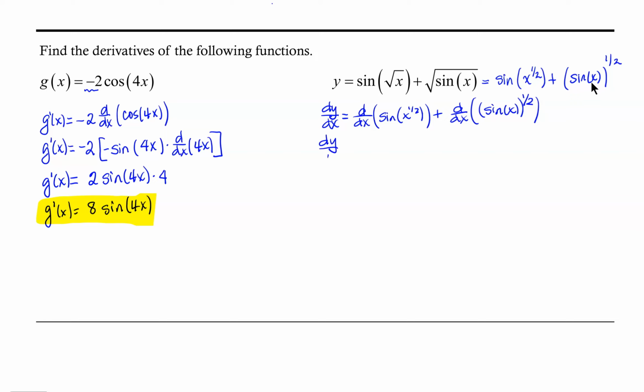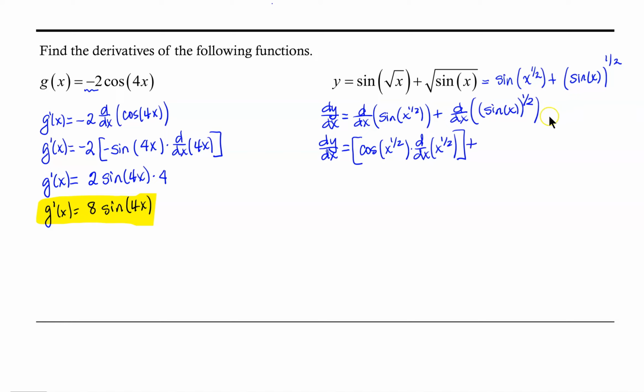So we have dy dx equals, now the derivative of the sine function is the cosine function. So we're going to have cosine of our argument times the derivative of our argument. And our argument was x to the 1/2. So we're going to have cosine of x to the 1/2 times the derivative of x to the 1/2.